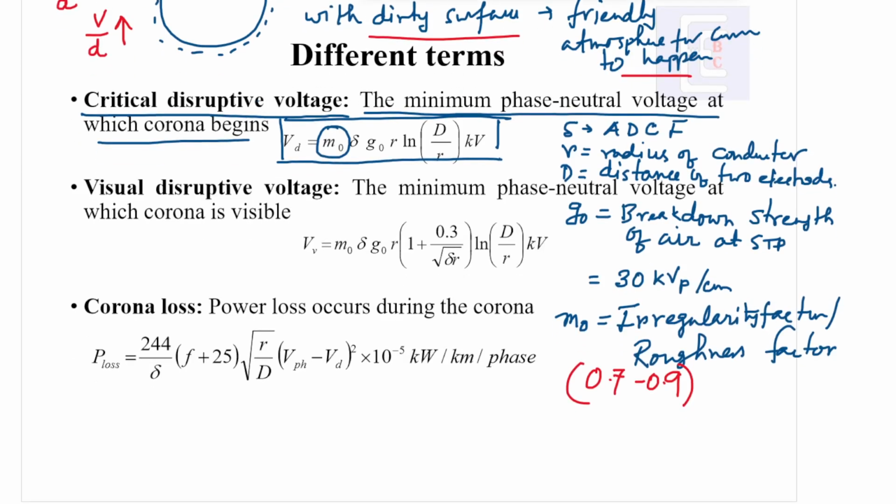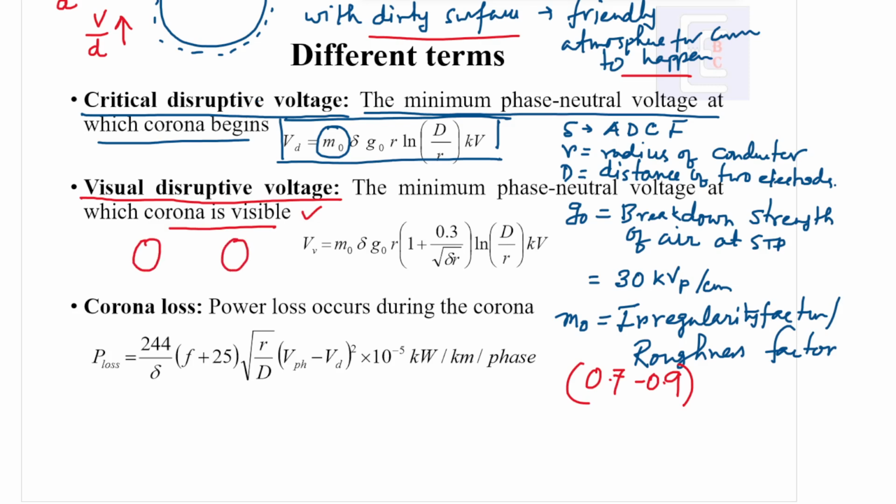Now the next term is called visual disruptive voltage. What is visual disruptive voltage? The definition changes: the minimum phase to neutral voltage at which corona is visible. So one is corona begins and another is corona visible.